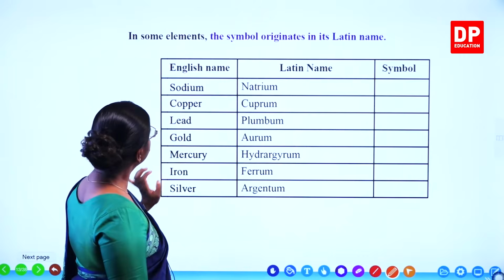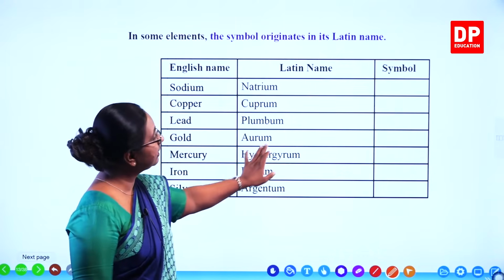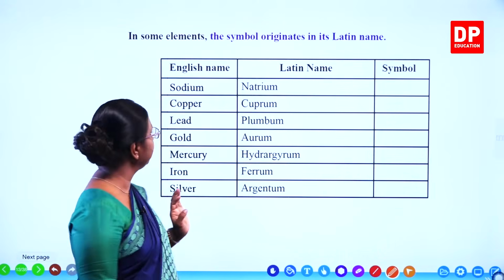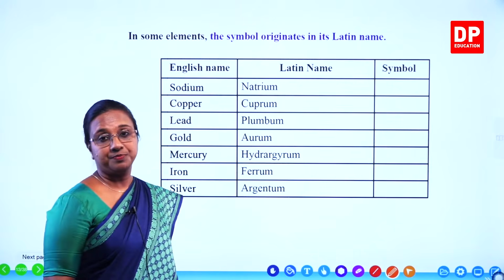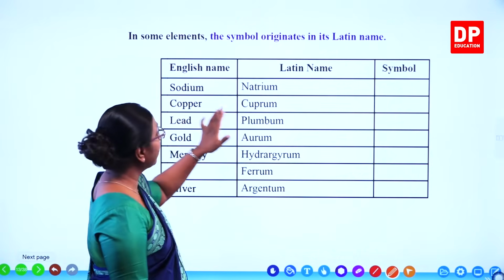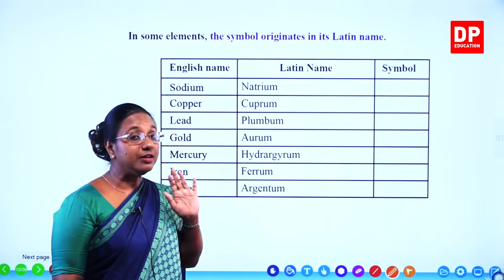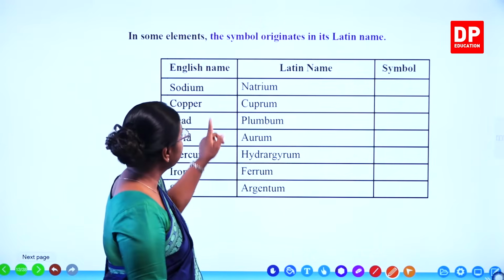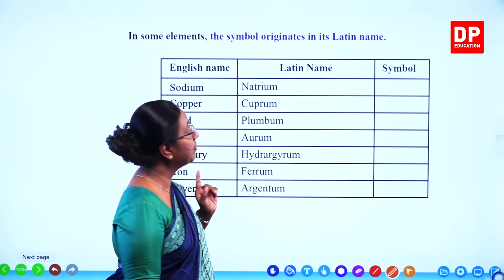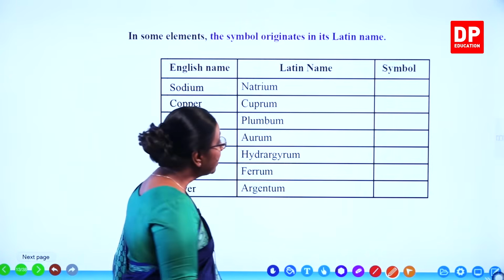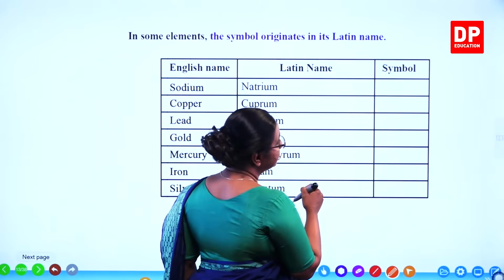So for example, if we take the English name, Latin name, and we'll try to write the symbol for sodium. Now sodium, if you write, you have to use S and some other letter. But we don't use that name. Instead, we use the Latin name natrium. And based on that, what has to be the first letter?